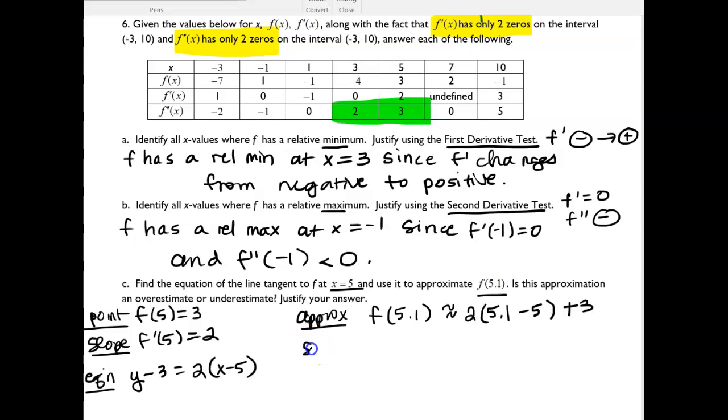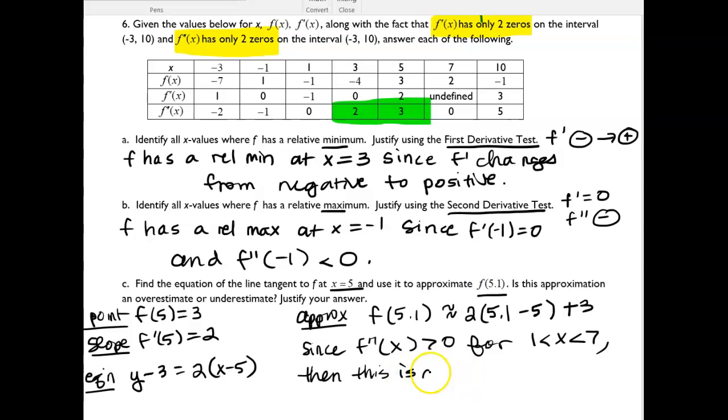So we can say since f double prime of x is greater than 0 for x between 1 and 7, then this is an under approximation for f of 5.1. So remember again, if our second derivative is positive, we're concave up, which means we're an under approximation for that tangent line.